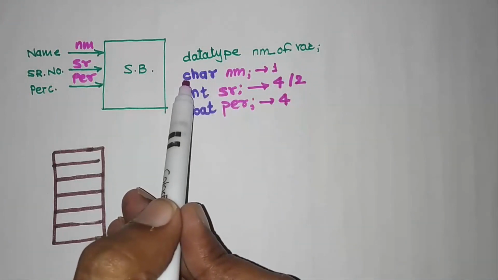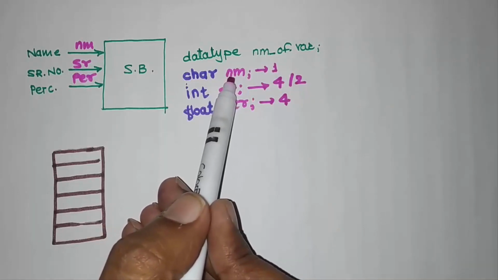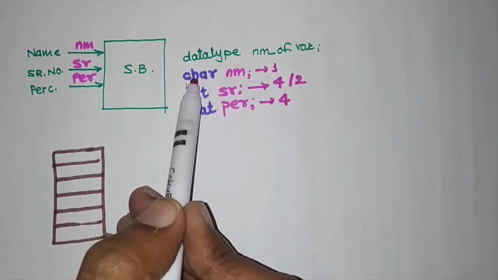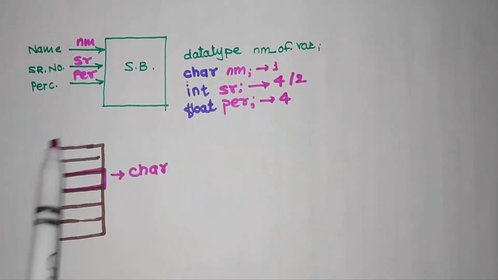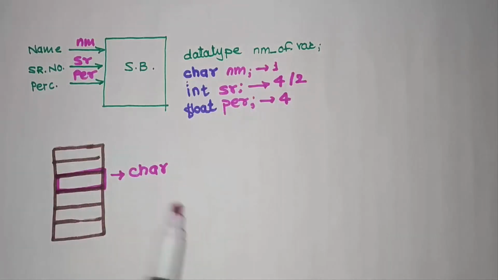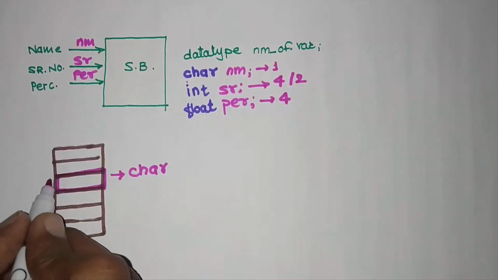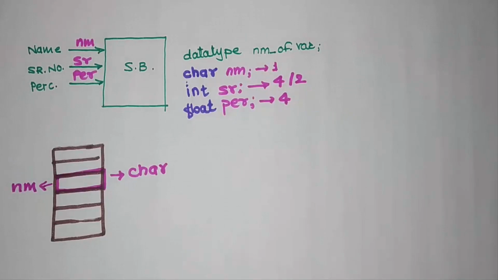Suppose now I am dealing with the first declaration, that is character nm. When I am using this variable nm with the data type character, out of the available memory bytes, 1 byte of memory is reserved to store a character value, and the name given to this memory slot is nm. So in this way the memory allocation is done as per the data type.